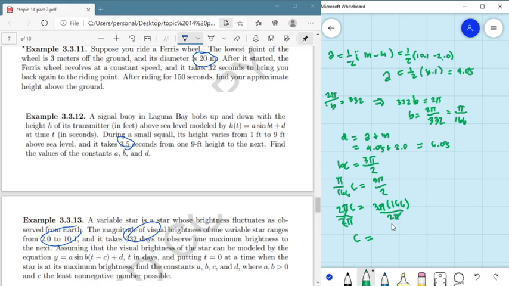Then 166 divided by 2 is 83. So, 3 times 83. So, C therefore is 249. So in this case, our A is 4.05, our B is pi over 166, our C is 249, and our D is 6.05.